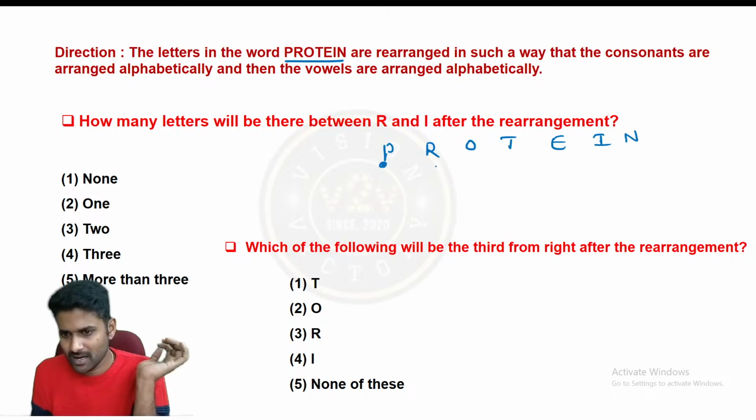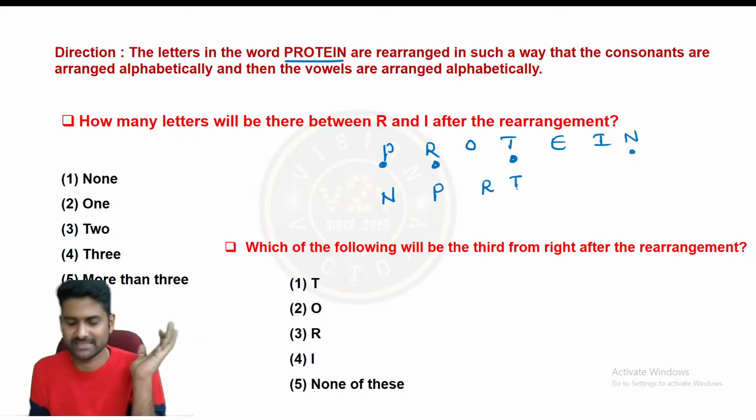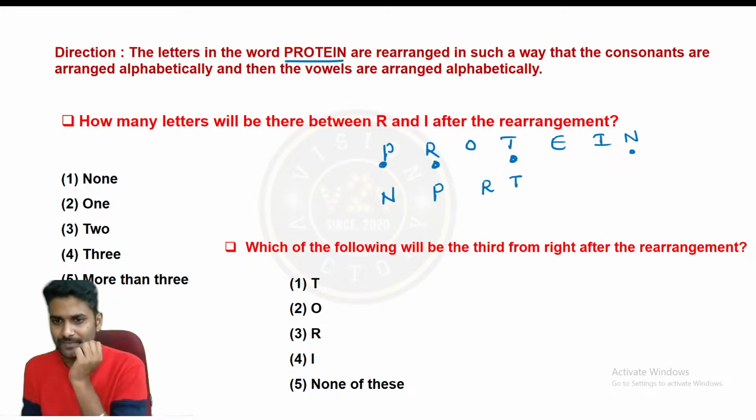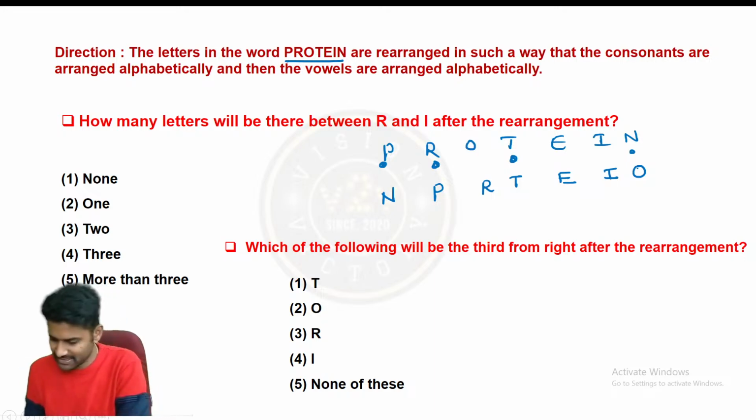P, R, T, N. If you observe these four letters, the first letter is N, next is P, next is R, next is T. You have to arrange in alphabetical order. And the same with the vowels O, E, I: the first letter is E, next is I, and the last is O. You are done with your understanding, guys.